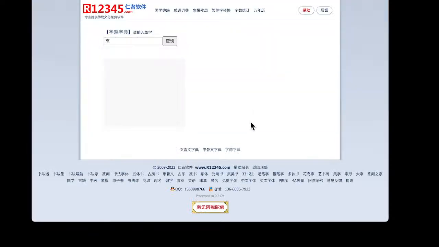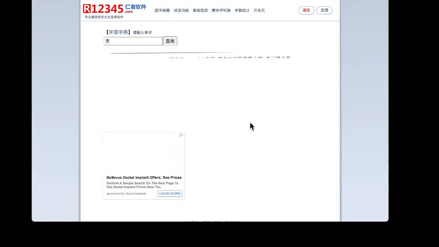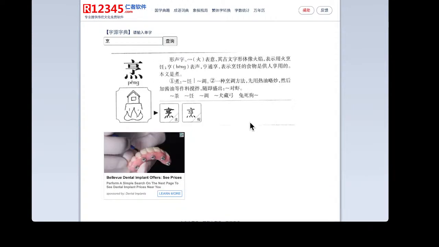Let's take a look at the character. This way of cooking is a very basic way of cooking. So if you look at this character, at the bottom there are 4 dots. Those 4 dots mean fire.